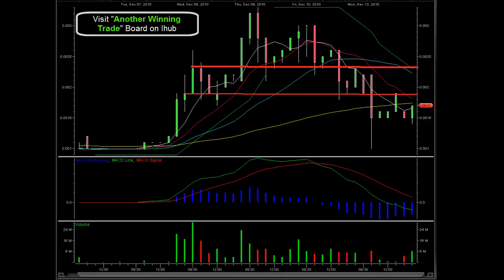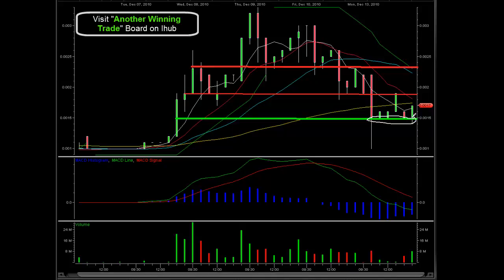So as far as support levels go, what I'm going to do is plot out the support level right here. And I'm going to say that this level right here is going to be an all-important level for the bulls. From a charting perspective, you definitely want to see this level hold.